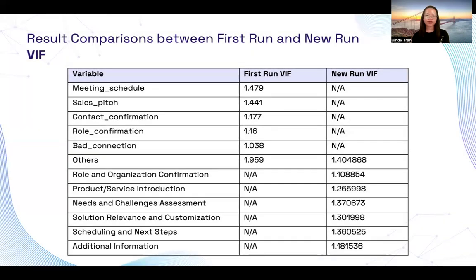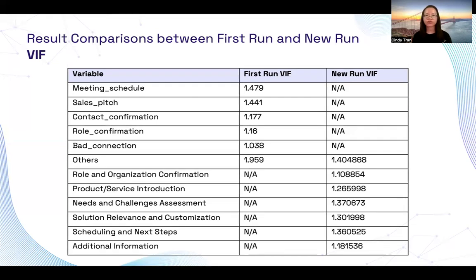For VIF, as we know, a VIF value greater than 10 is often considered problematic. These low VIF values suggest that these variables are not highly correlated with other predictors in the model, ensuring that their impact on the dependent variable is measured accurately without significant distortion from multicollinearity.